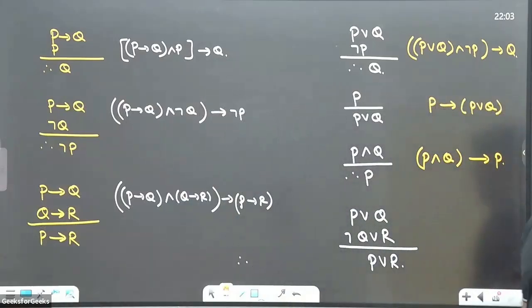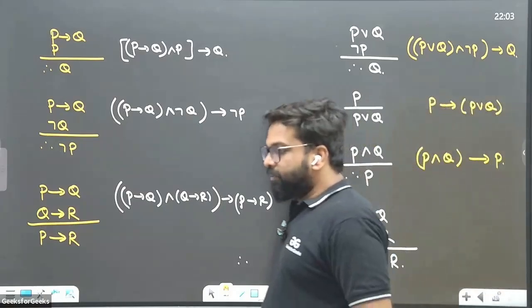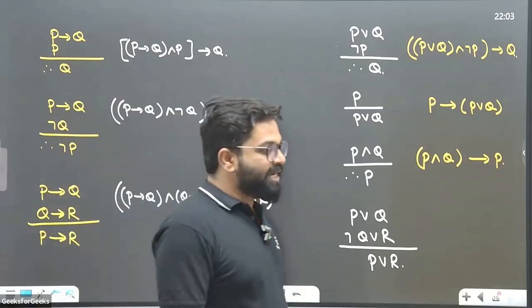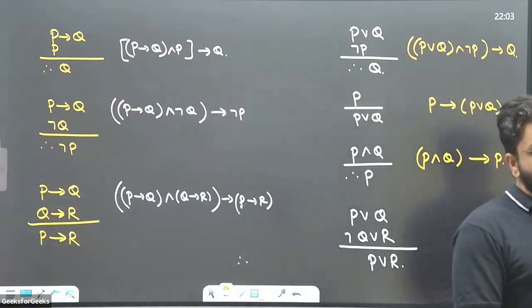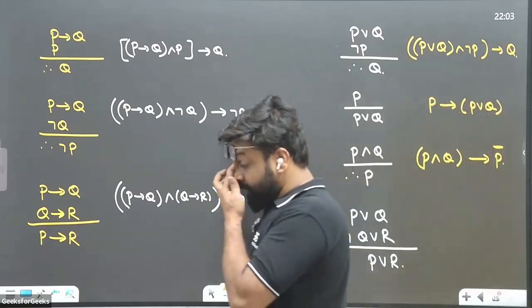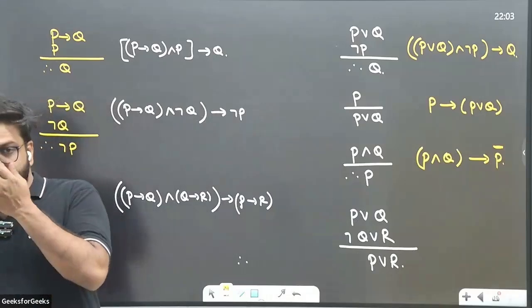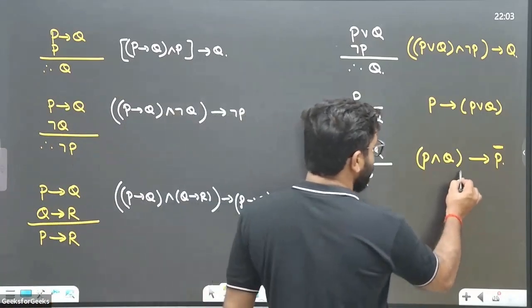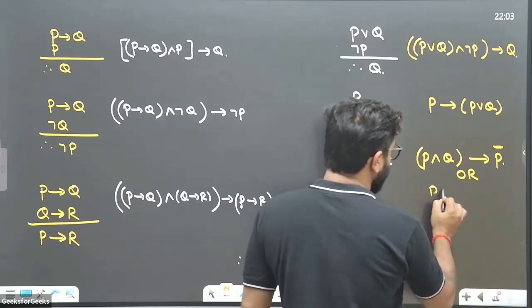You are getting both as true. The left side will only become true when both are true. That means at the same time P is true and at the same time Q is also true. When P is true, this will definitely become true. But we can also use Q instead of P, right? Yes, you can use Q instead of P. That's also a good thing.